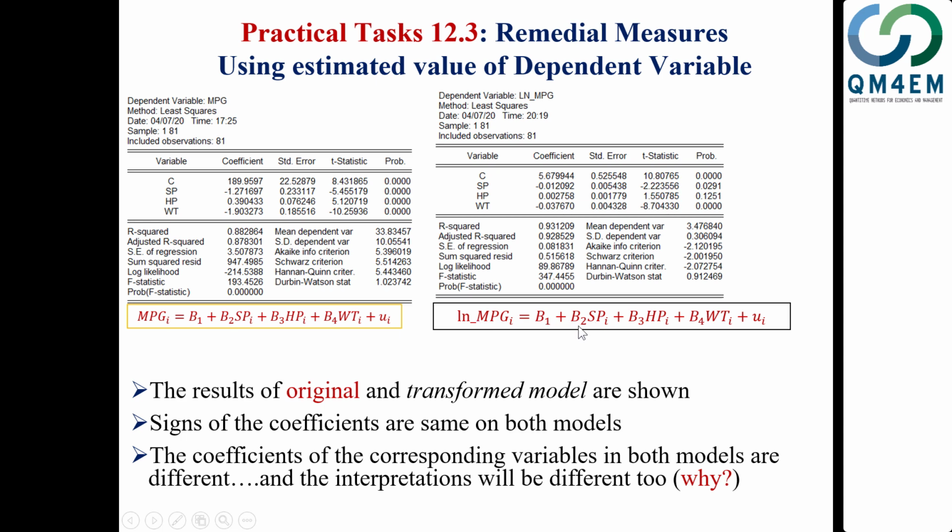In this, beta 2 shows that when SP changes by 1 unit, MPG will respond by beta 2 percent. So a unit change brings a percentage change in the dependent variable because it's a log-linear model. In case you forgot that, please go back to the previous lectures. We have a detailed discussion on it.